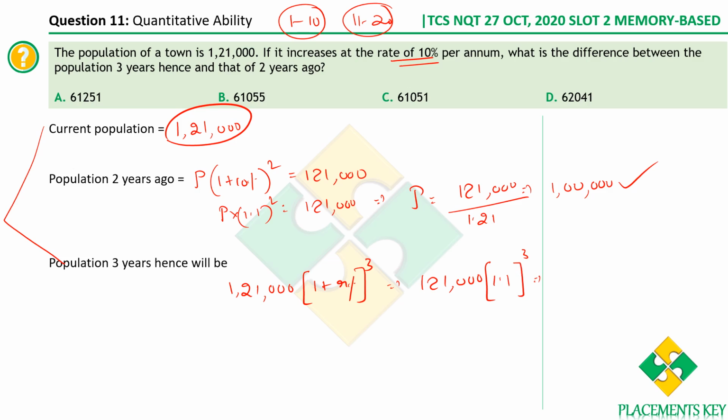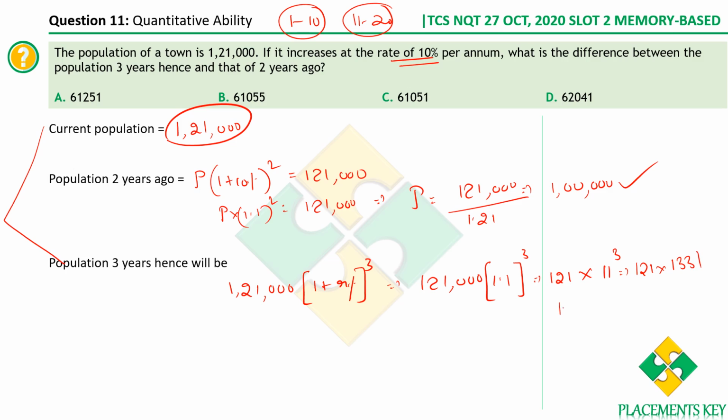So how do we get this? 1.1 cube, I'll just write it as 121 into 11 cube, because there are 3 decimals, so I'm just cancelling out 3 zeros. So this value is equivalent to 121 into 11 cube. 11 cube is 1331. So let's compute 121 into 1331.